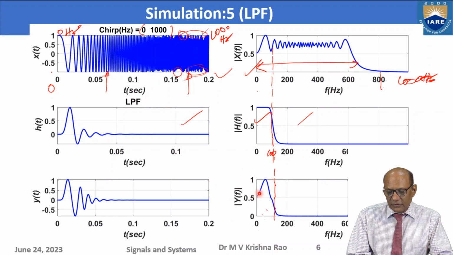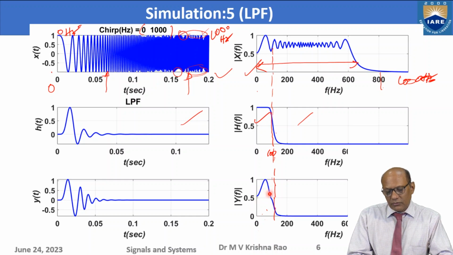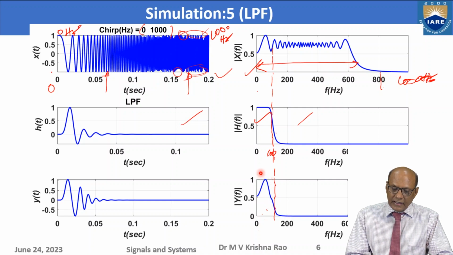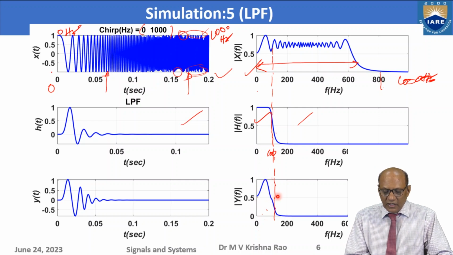Then the frequency is slowly increasing up to 50 Hz. This is 100, correct? So this is 50 Hz. It is increasing to 50 Hz and again it is coming down. So it is something like an oscillator. It is something like an RLC circuit, a resonant circuit, something like that, and slightly added with some additional frequencies.